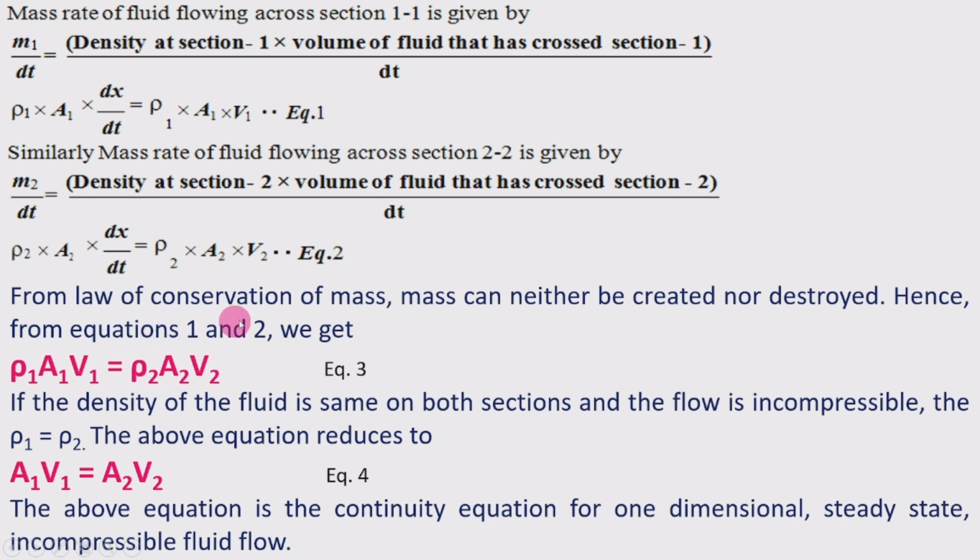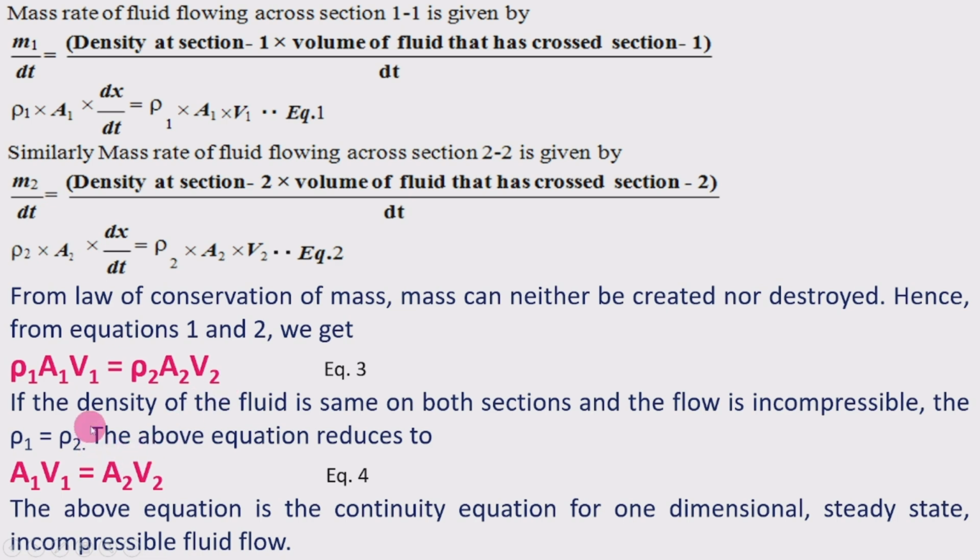Now, from the law of conservation of mass, mass can neither be created nor destroyed. Hence, we can equate equations 1 and 2, because the mass flow across any section is equal. Those are written as ρ1 A1 V1 equal to ρ2 A2 V2.